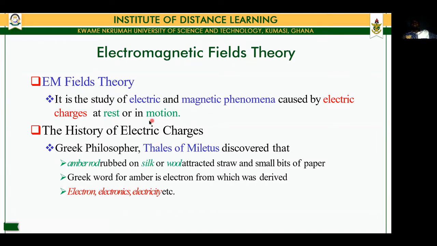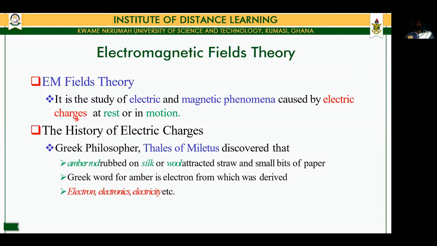Now you can see from this definition, the field is caused by what? Electric charges at rest or in motion. So whether it is the electric field or the magnetic field, the true origin of the field is electric charges. We'll come to understand that better as we go along in this course.